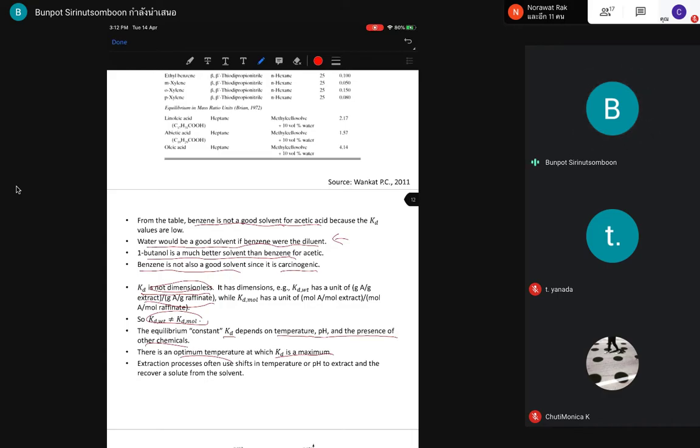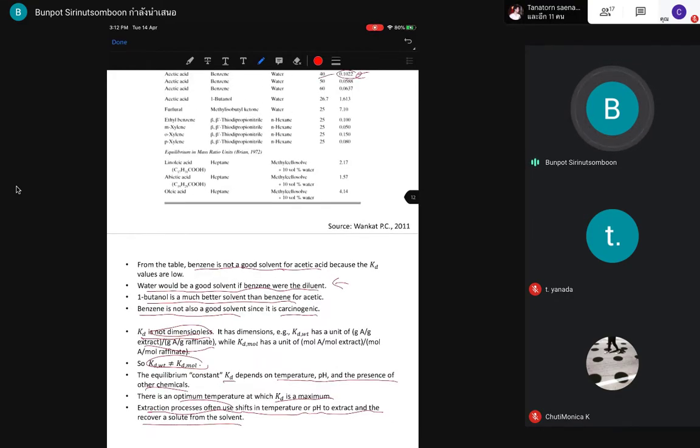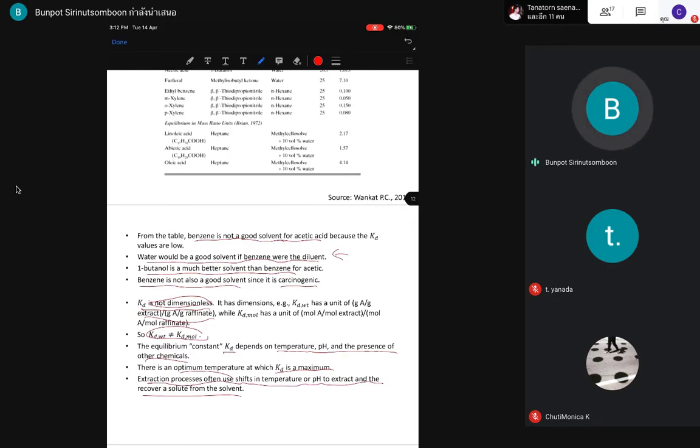So with this technique, extraction processes often use a change of pH to extract and recover solute from the solvent. Because different temperature or even different pH can give you different values of KD and different solubilities, in real applications people use this knowledge to control the extraction process by shifting and changing the temperature to do some extraction and recovery.